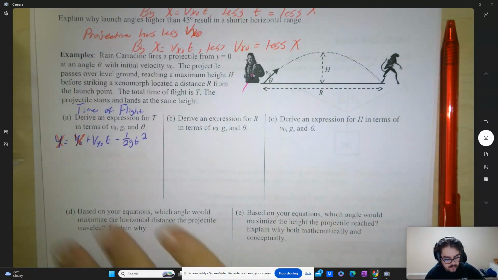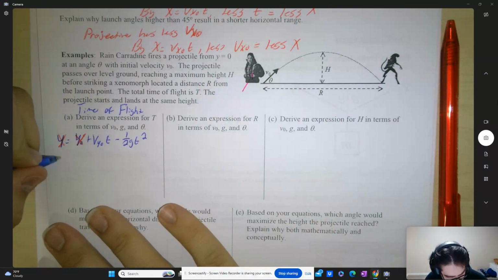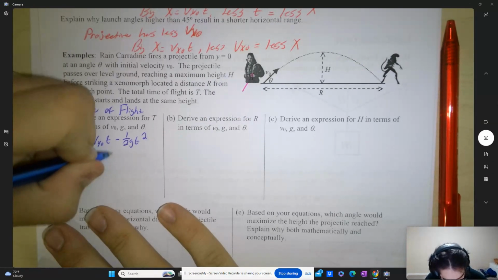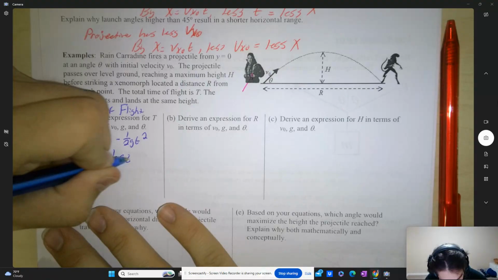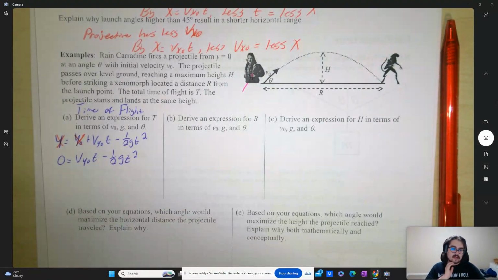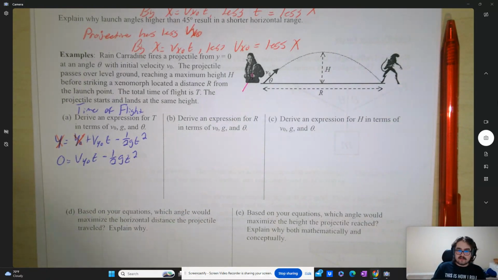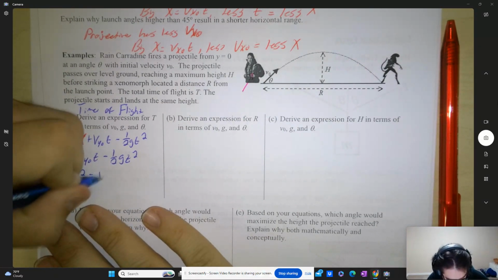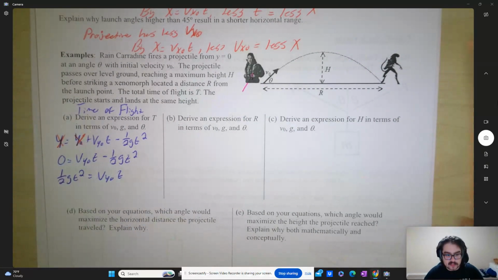Now you've got 0 equals vy naught t minus 1/2 g t squared, and you're like, well, we have two t's, so we can't really do too much with that. But what we can do instead is move the 1/2 g t squared to the other side. Now you notice we have t's on opposite sides.